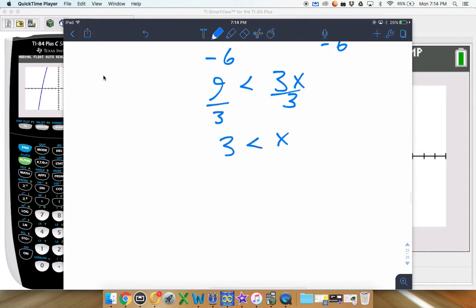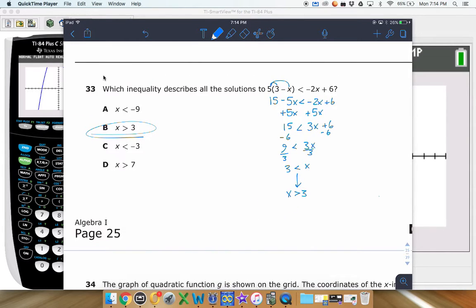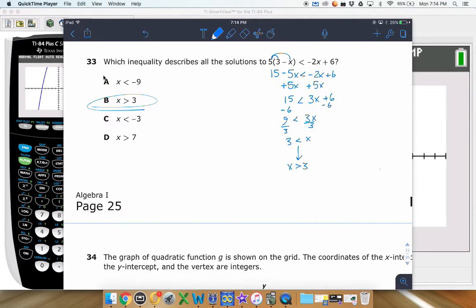Notice, if you have 3 is less than x, this is the same exact thing as saying x is greater than 3 in the complete reverse order. So, there you go on that one. That one's rather straightforward.